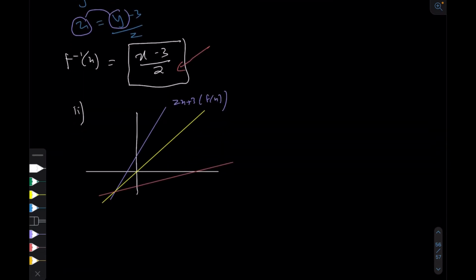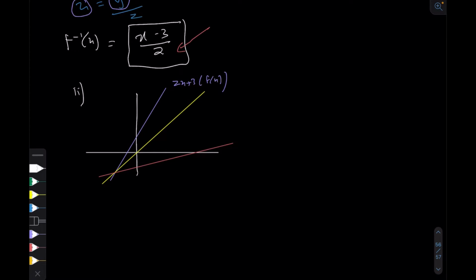And the last thing to note is that since they are a reflection, if f of x is equal to f inverse of x at any point, that is, if this graph meets this graph at any point, it will meet at the line y equals x.